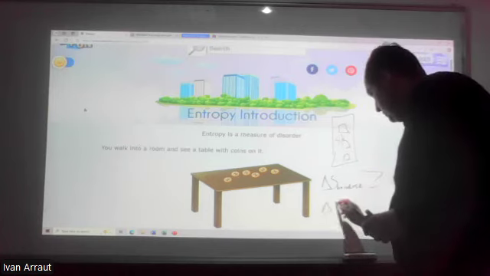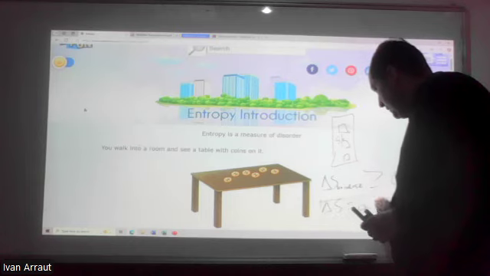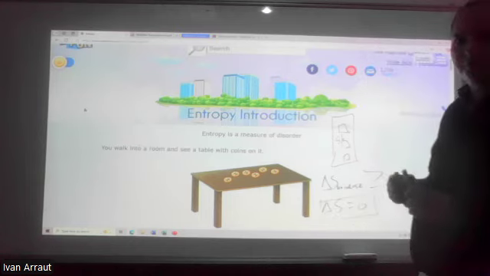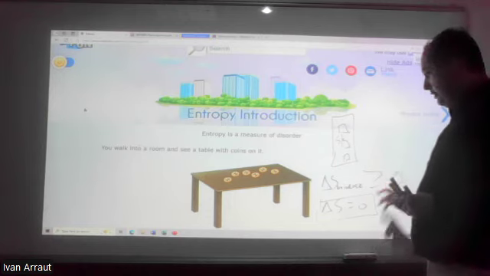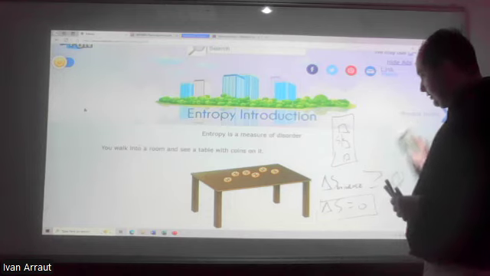If it's equal to zero, that's an ideal process, of course.